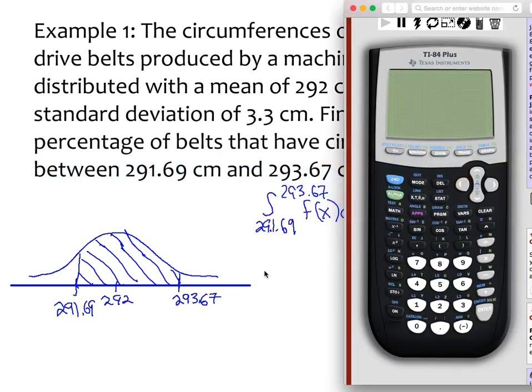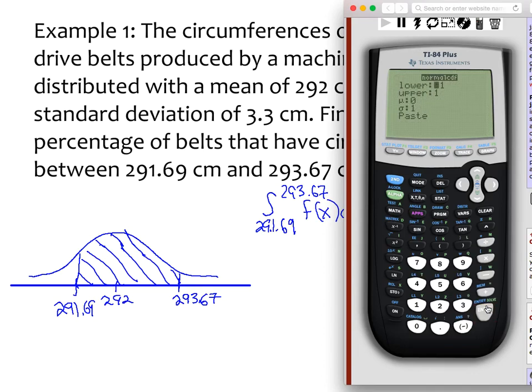In the calculator, there are normal distribution functions available to us. So let's bring that up. We say second distribution, find the normal distribution. And we don't want the PDF, we want the CDF. Pretty much in all cases, for us, we're going to want the CDF, the cumulative distribution function, because we're always talking about an interval between two values.